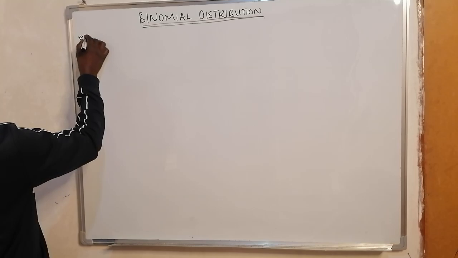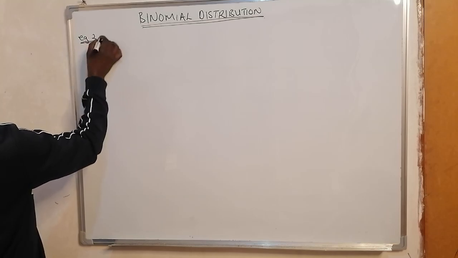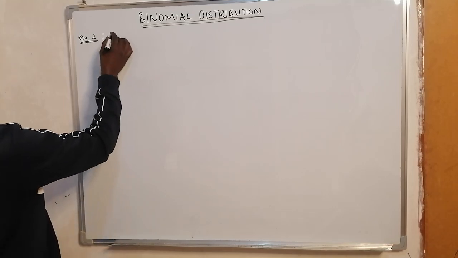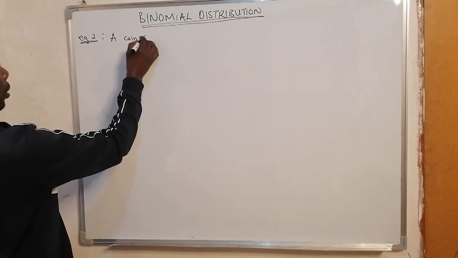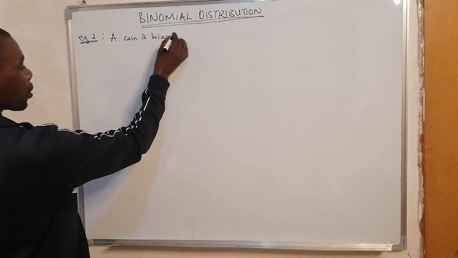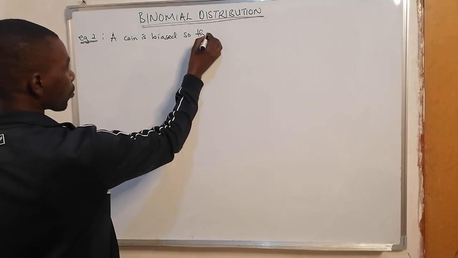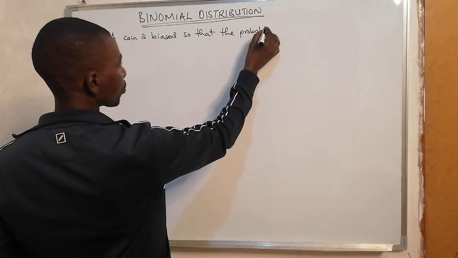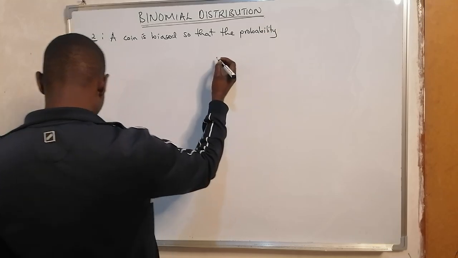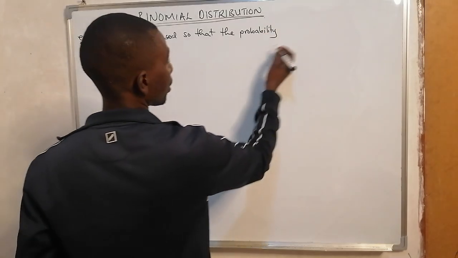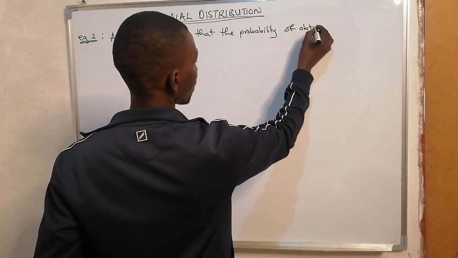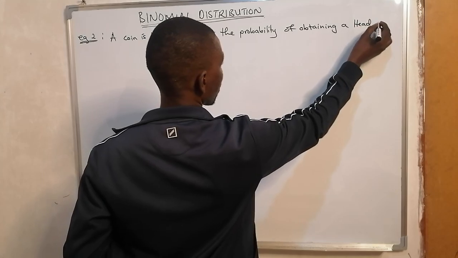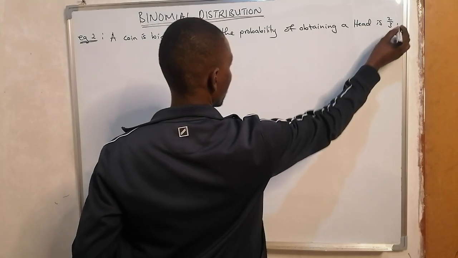Example number 2. A coin is biased so that the probability of obtaining a head is 2 over 3.